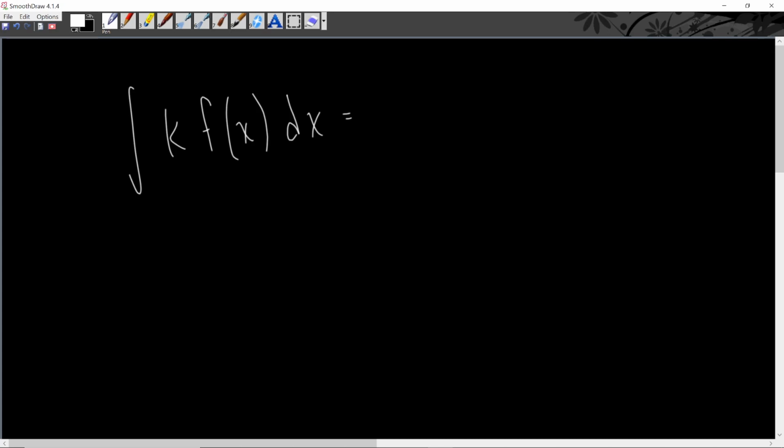If we do not have a definite integral and we have an indefinite integral, there are no bounds to this integral, so it's indefinite. This will just be a simple antiderivative. That is going to be k times the integral of f of x dx. So what's this saying? We can simply factor out constants when we have integrals to do.